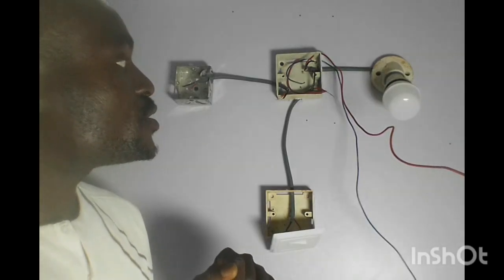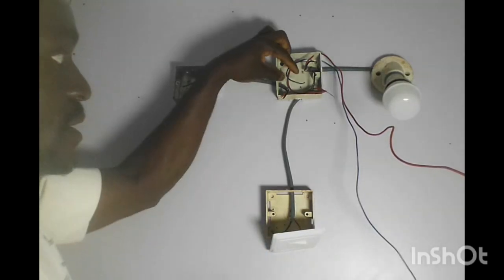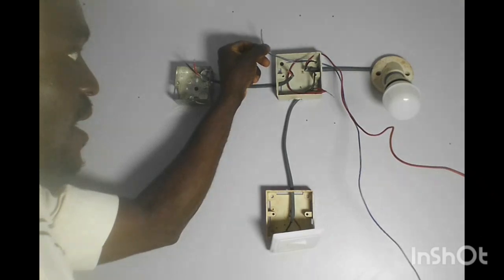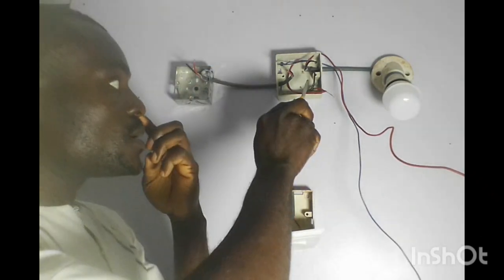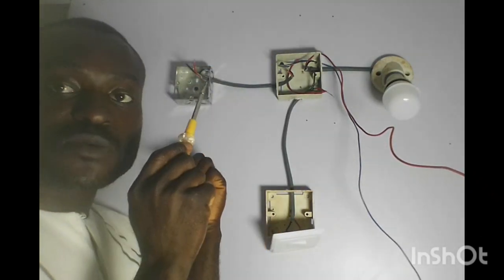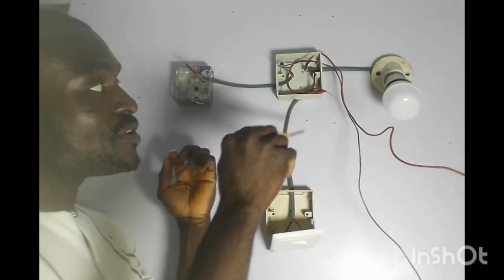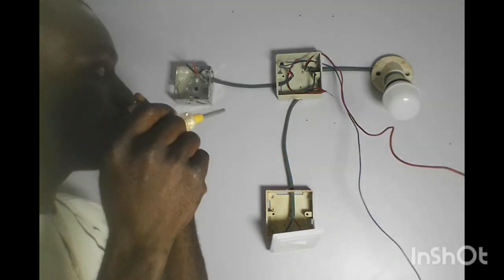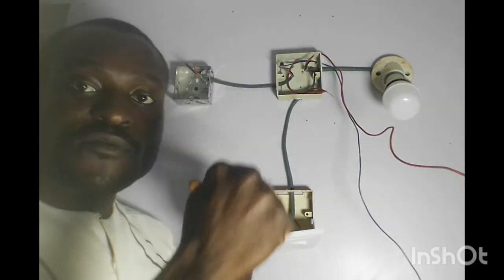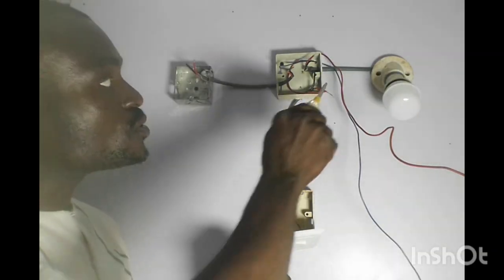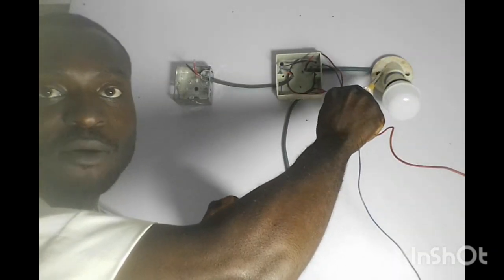At the other end, you are going to be left with this wire that is connected to L1. The other end of it, you are going to connect it to the red wire from the load. Look at the load. This is what we want to power.